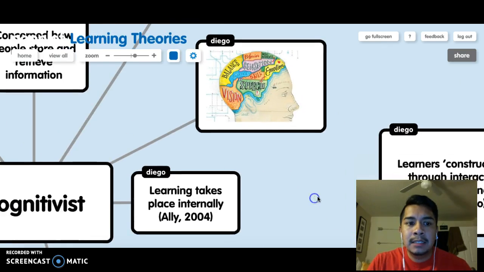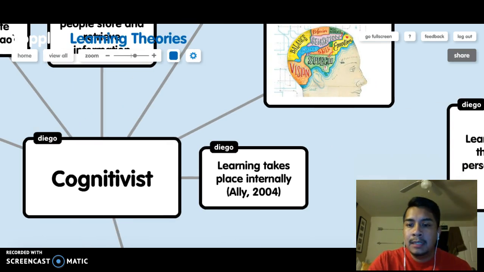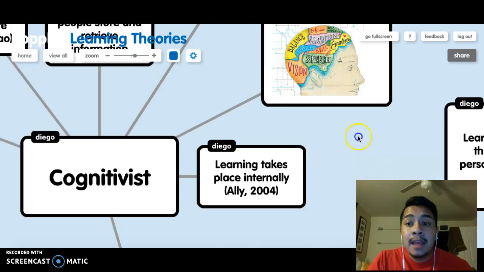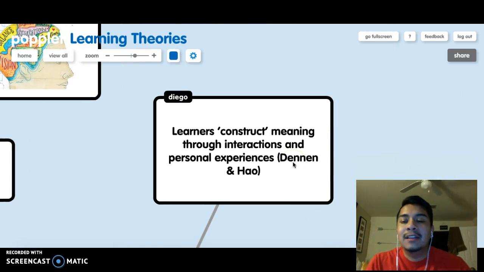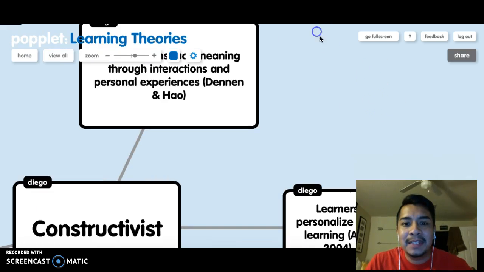Like in this cognitive, when I said the cognitive, I'm trying to store everything. That is very constructivist of me because I am trying to construct meaning of cognitive learning theory through the lens of a constructivist. I don't think I could say that sentence 5 times fast anymore.